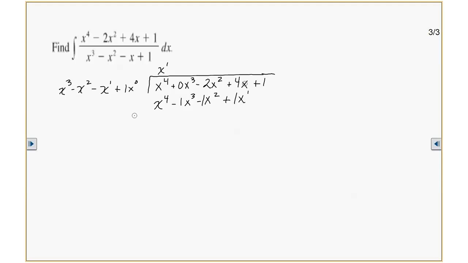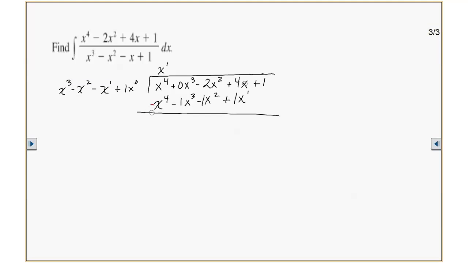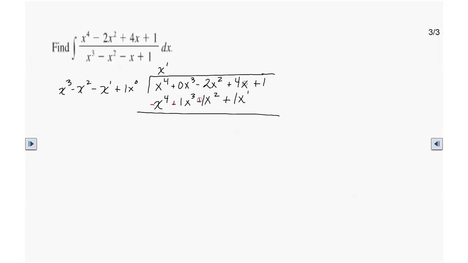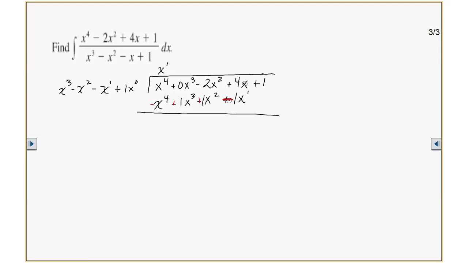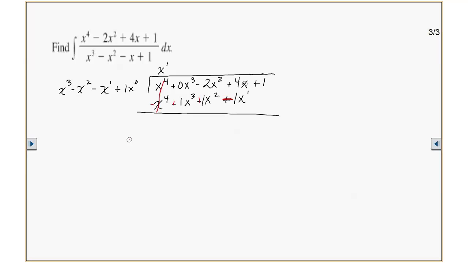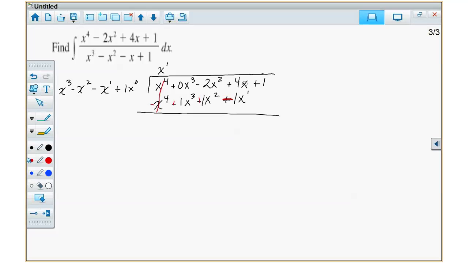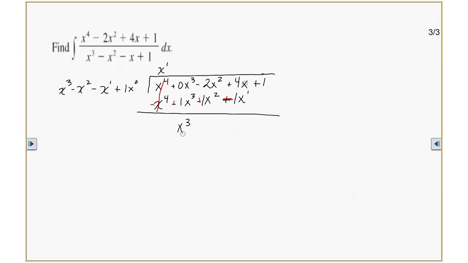And then, what do we always do? You always subtract, and that will make this a negative, make this a positive, make this a positive, and make this a what? A negative. And that first one always cancels. And that'll be x to the third. Negative 2 plus 1 is what?